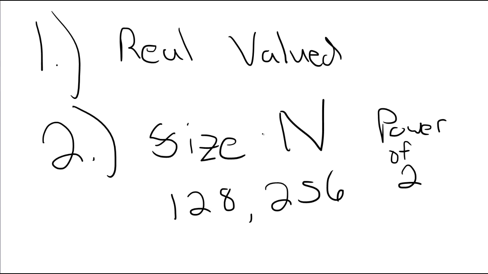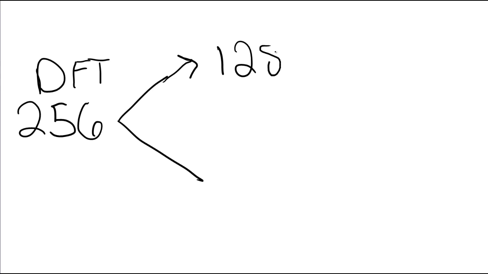Now, why is that? So what the FFT does is, let's say we start off with a 256 DFT. What the FFT does is it breaks the signals down into two 128 sequence lengths and says, well, what if I had to calculate the DFT of these signals?